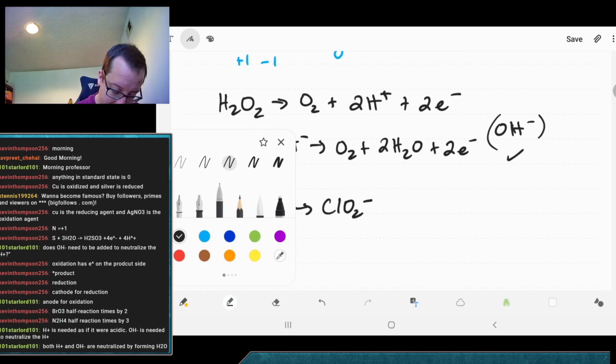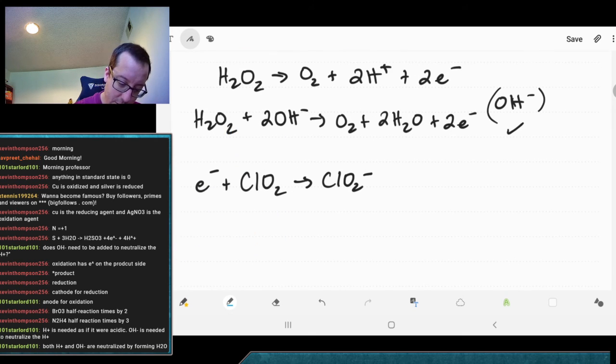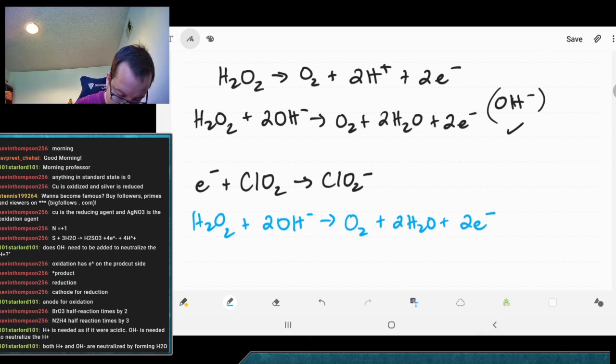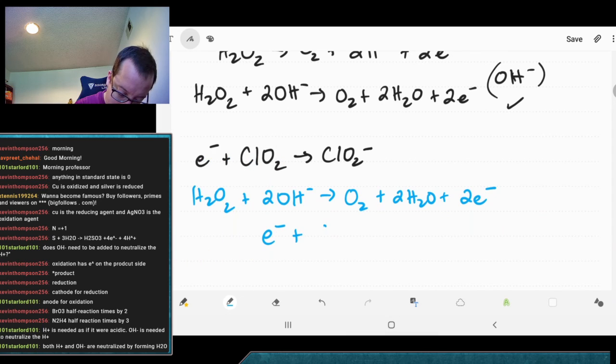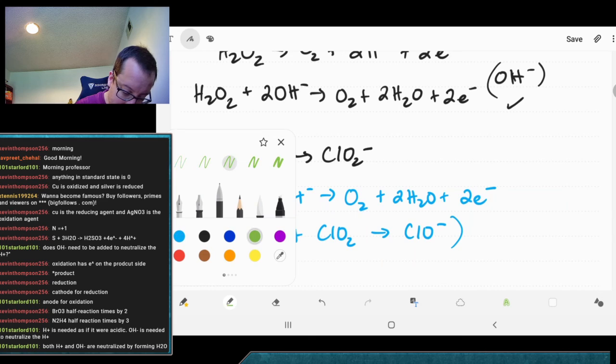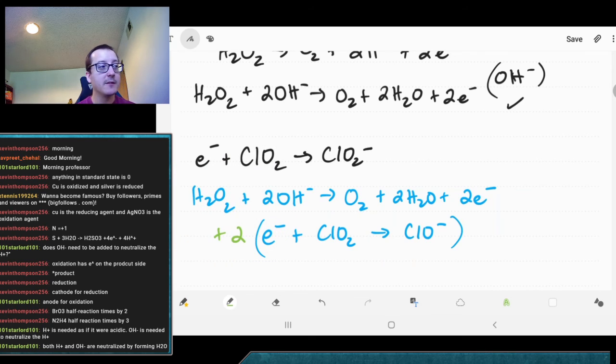Alrighty, so doing this, if we were to put these two reactions together, and our second reaction was, we can see here we're going to need to add two of these to balance out the electrons.